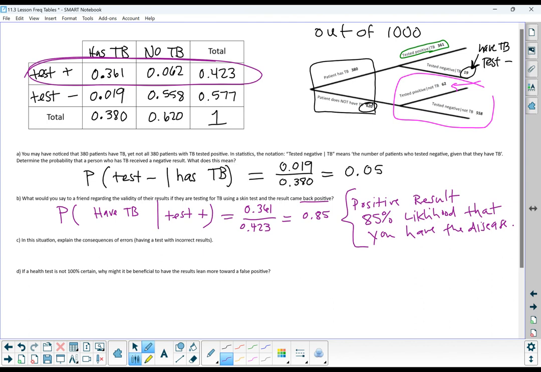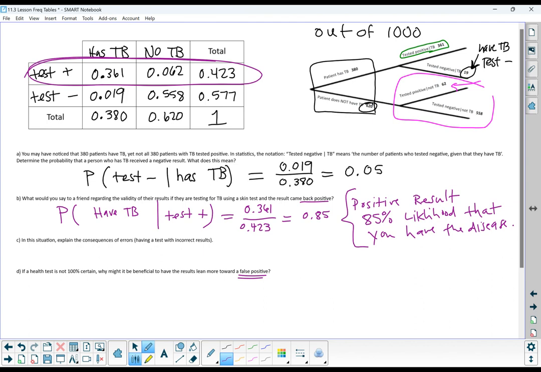Given that a health test is not 100% certain, why might it be beneficial to have the results lean more towards a false positive? False positive means that you get a positive test, but you don't have the disease. Generally when we're talking about diseases, we want to be able to treat diseases so that people have better lives.